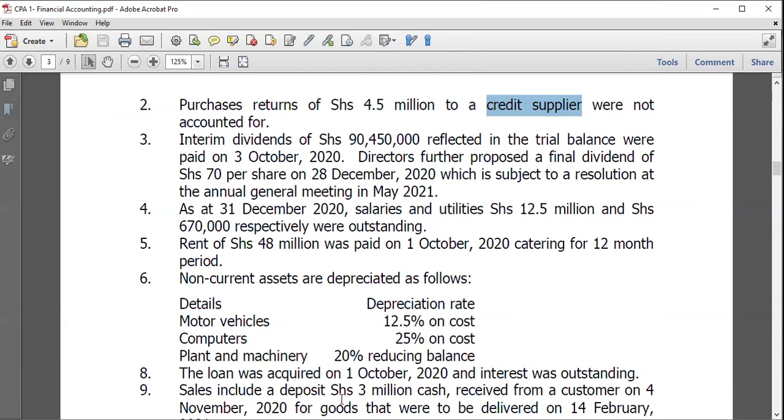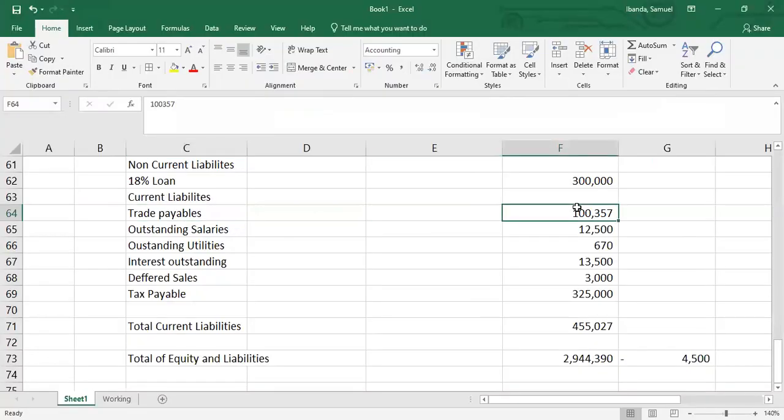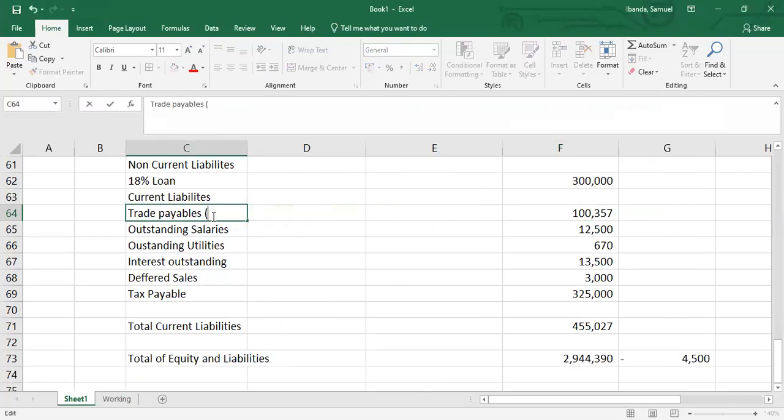So in this case, what we have to basically do is adjust this on our trade payable. The trade payable we recognized here came as a result from our trial balance. But since there was a purchase return, I'm going to just put here in bracket less the 4,500 for the purchase return.